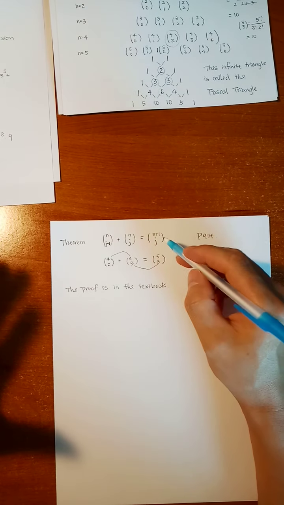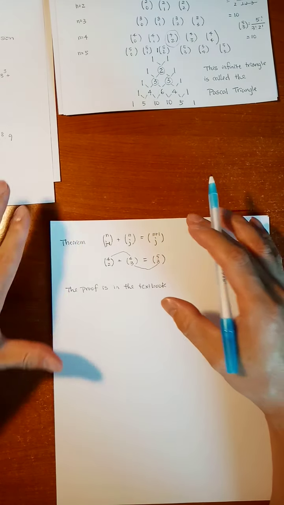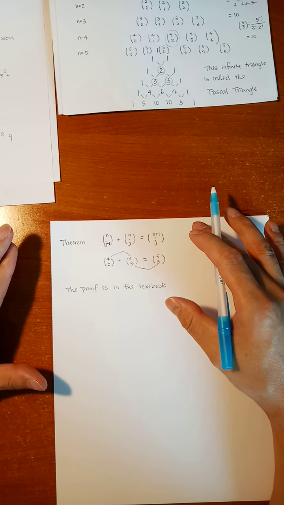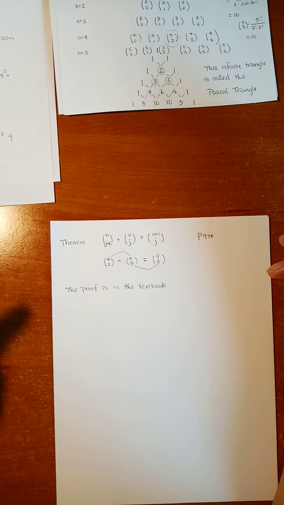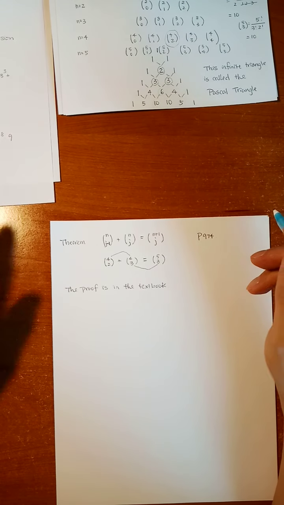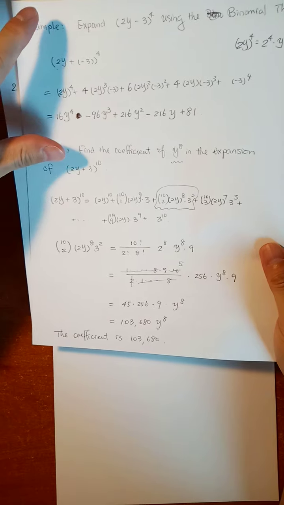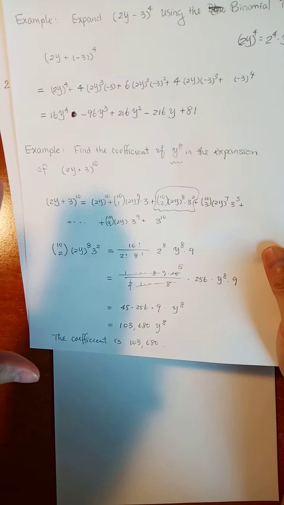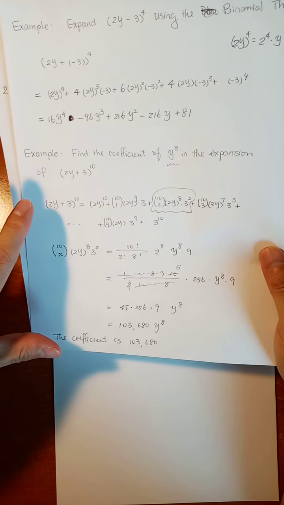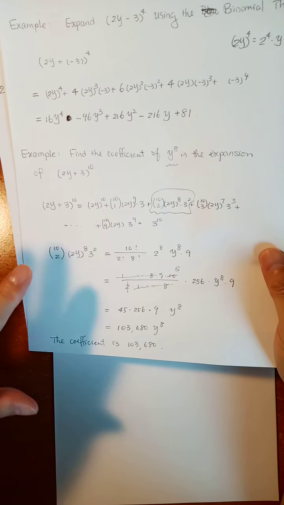Don't worry about it, but you have to know we have something like this. If you're interested, you can do the computation by yourself and check it. But in this section, expanding some binomial powers or finding a specific term of the binomials is required.